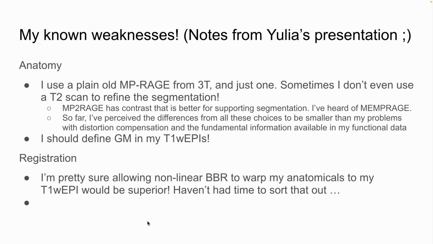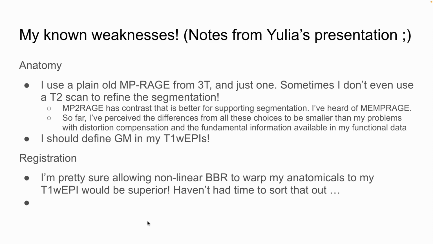I've said it already, so we don't need to belabor it, but my data are a little bit archaic for the reasons I've mentioned. And the thing I should be doing is segmenting my T1 weighted EPIs. Why am I not doing that? Maybe I will be 2 months from now. We'll see. And then my registration algorithm.